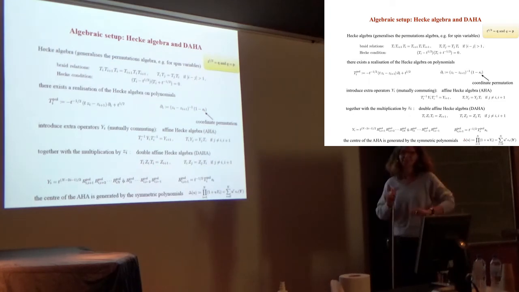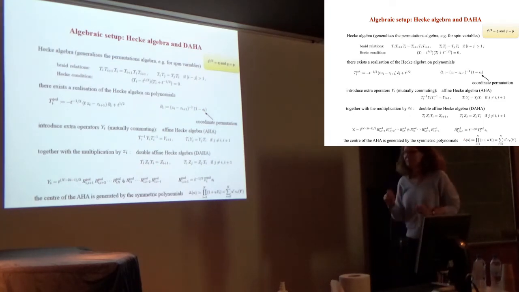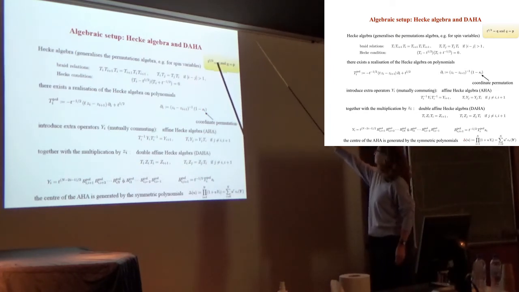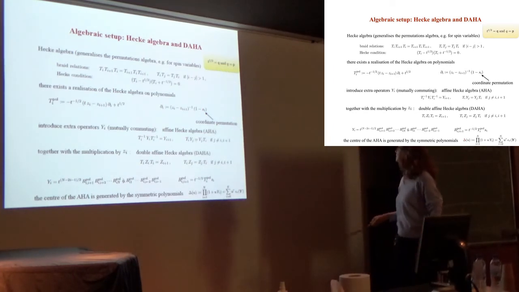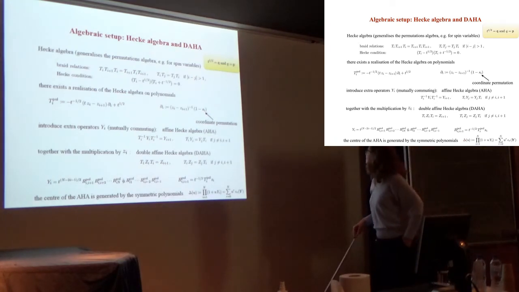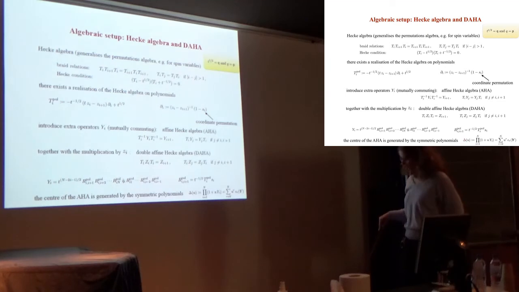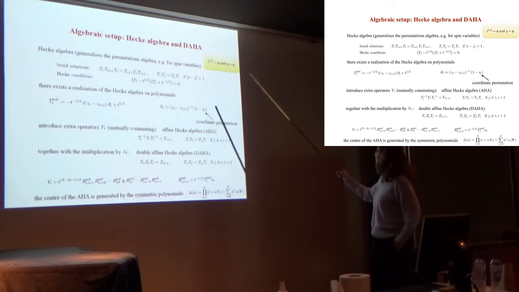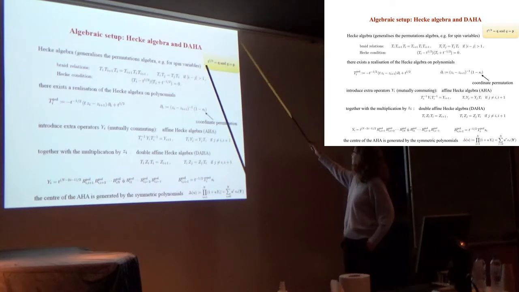So now, I'm sorry, I will change the definition of the parameter. Up to now I used Q for the Q deformation, like in XXZ and Q quantum groups. But now since I will use DAHA and Macdonald polynomials, there is another notation which is used.